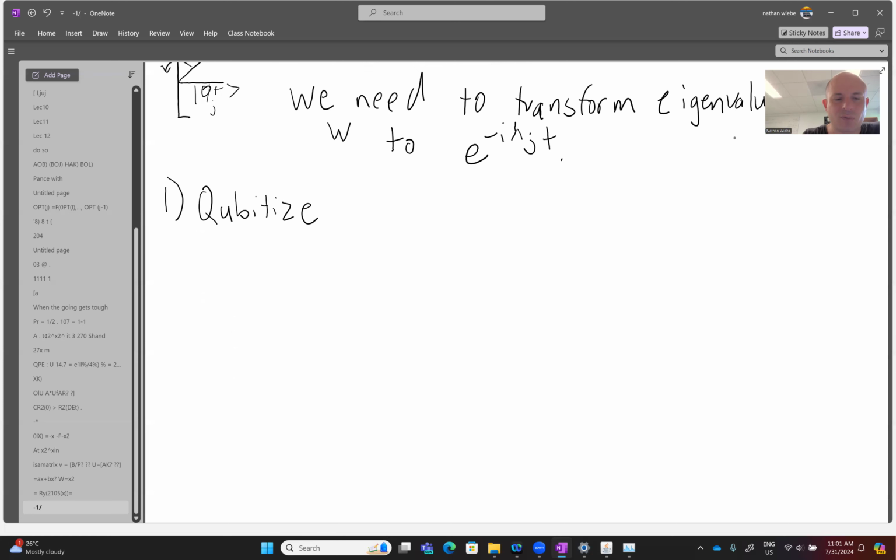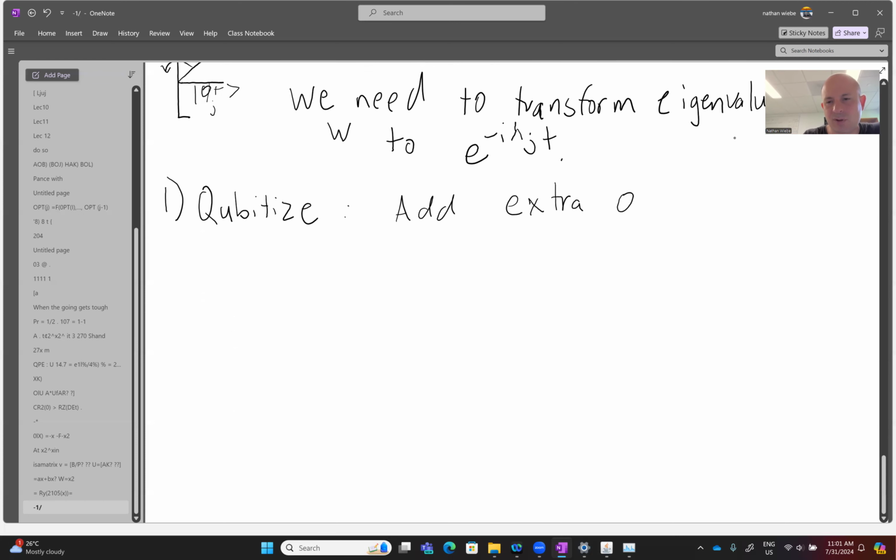We add an extra qubit up to the top, and I'm going to define now my O of lambda j, which will be equal to the circuit that I mentioned before.